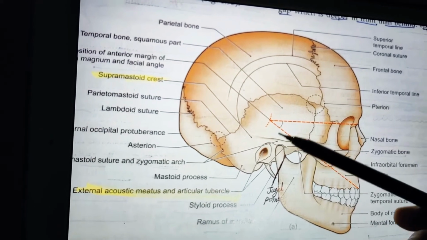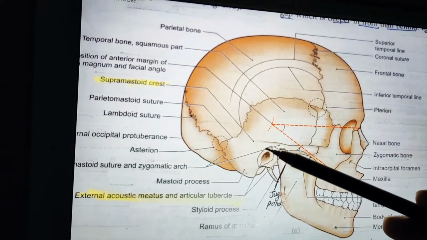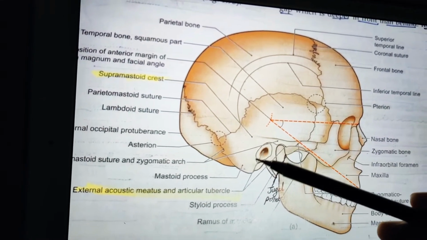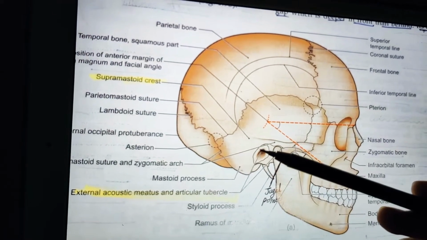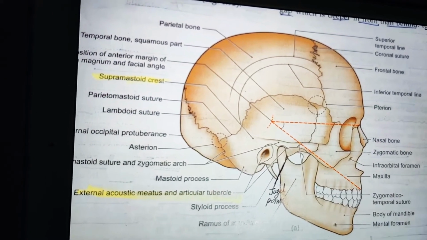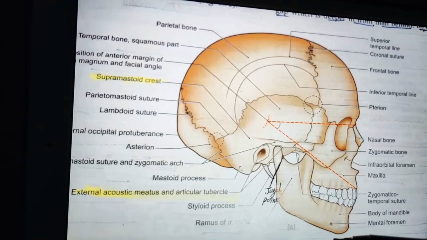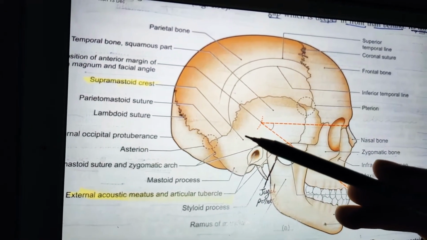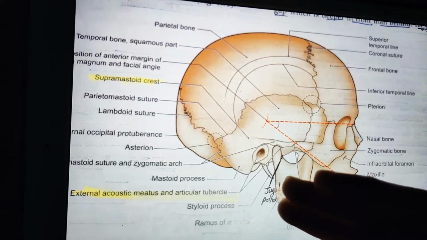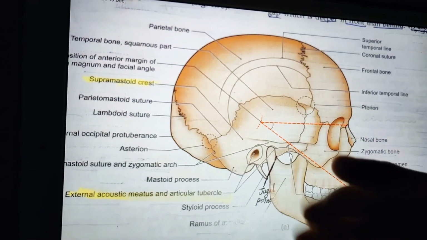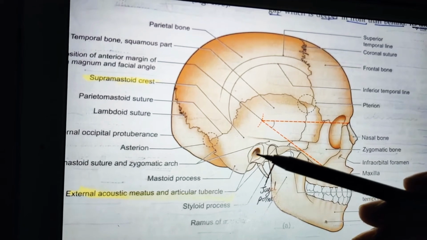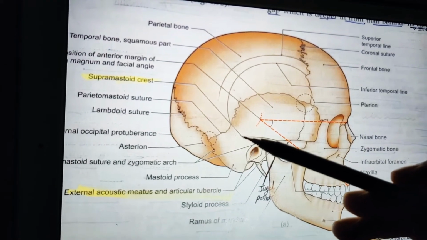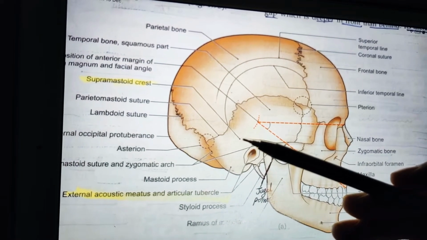It is also called the triangle of Macewen, and this is a depression seen posterior and superior to the meatus. Above it is the supramastoid crest, in front by the posterior superior margin of the external meatus, and behind by a vertical tangent to the posterior margin of the meatus.